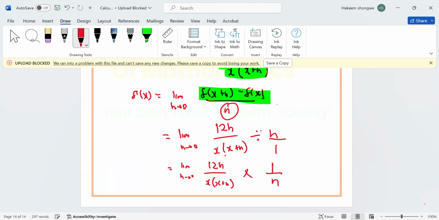Okay, now look at these. One h is on the numerator, and the other h is on the denominator. This h and this h are going to divide each other out.